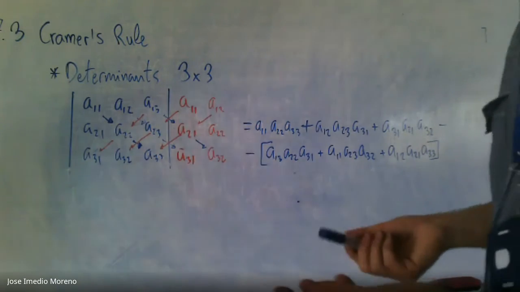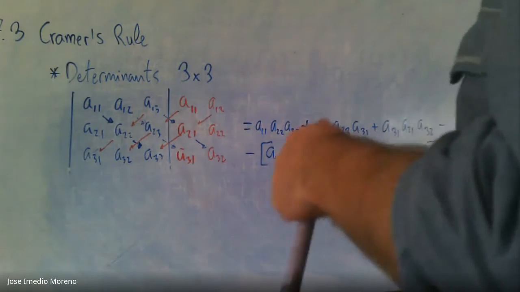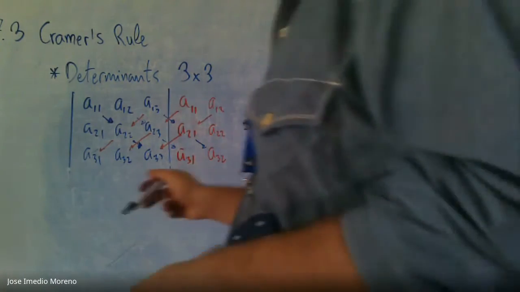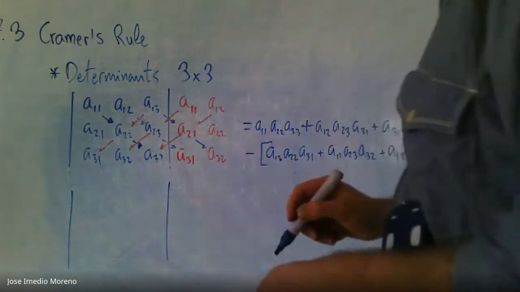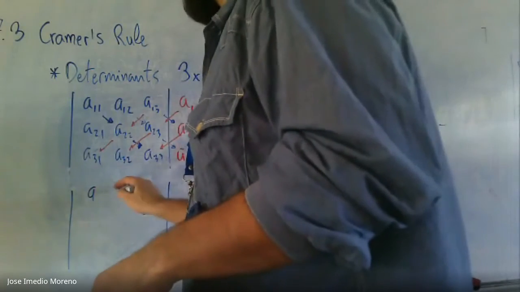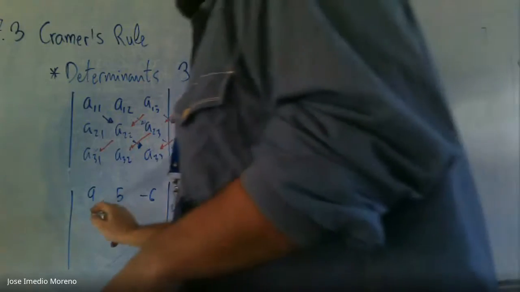Let's do it with a determinant with numbers. For instance, this one I have here, which is good because it has some zeros, which is going to make our work shorter.